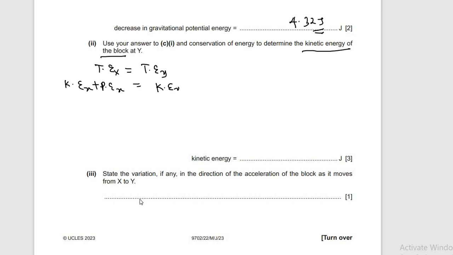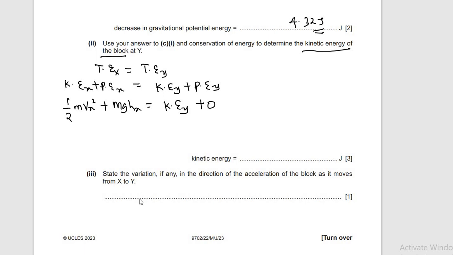Kinetic energy at Y plus potential energy at Y. Now, what's the kinetic energy at X? That's half m v_x squared. Potential energy at X, mgh_x. What's kinetic energy at Y? That's what we're looking for. Potential energy at Y is 0 from the previous analysis.